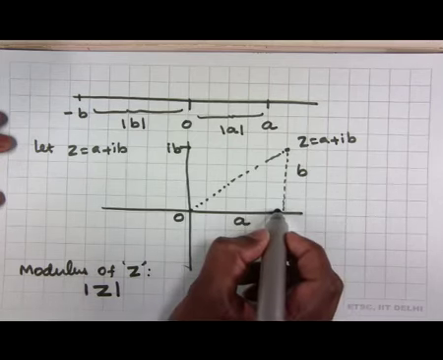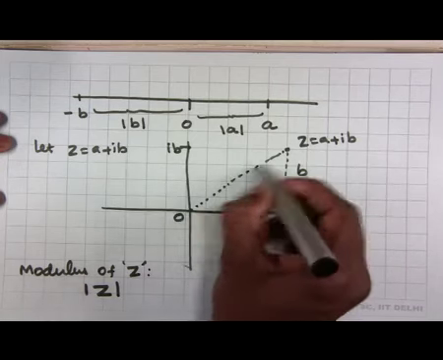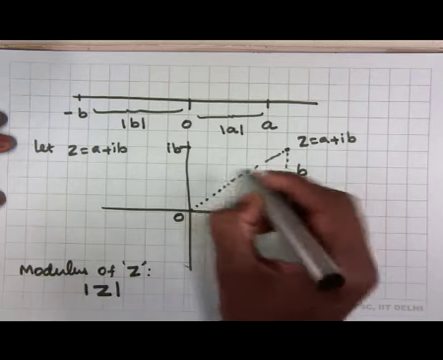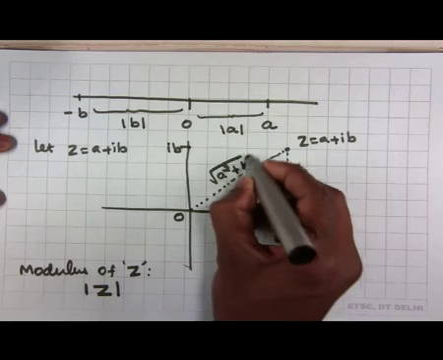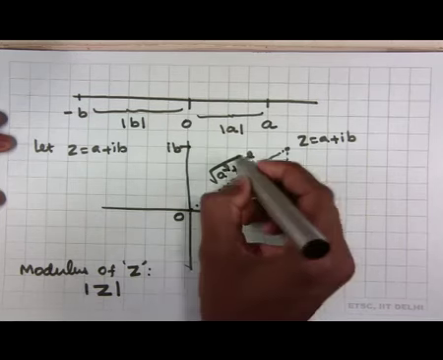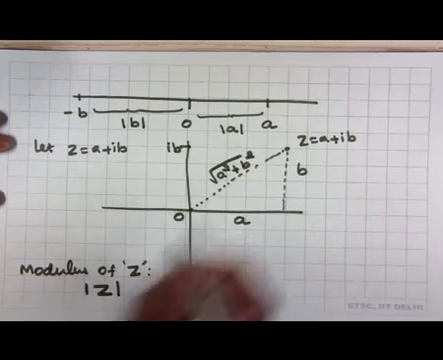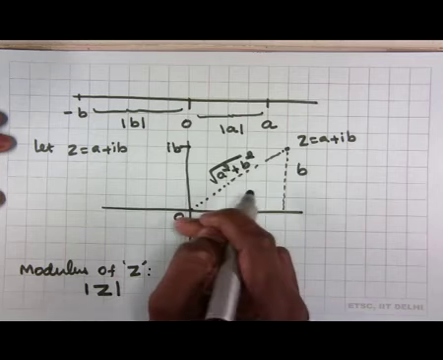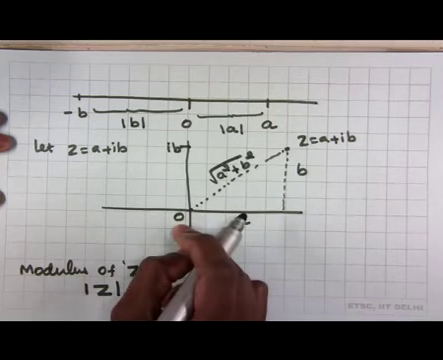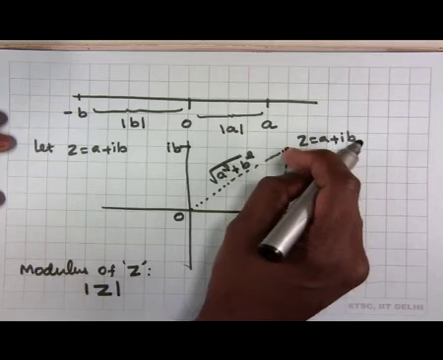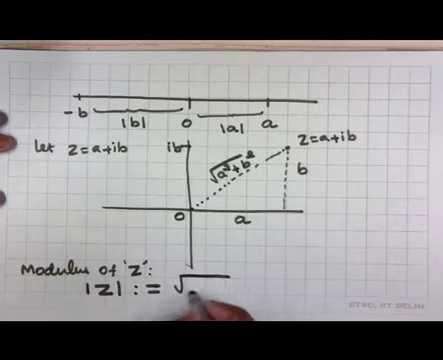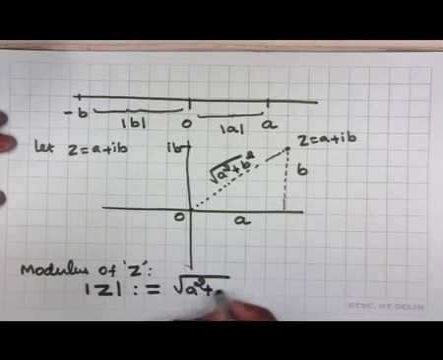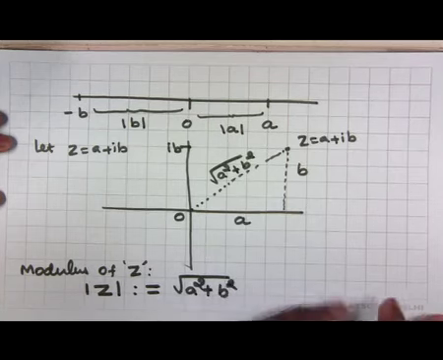By Pythagoras theorem, the distance for this is given by square root of a square plus b square. So it makes sense to define modulus as the distance from the origin to the point. So the modulus is defined as square root of a square plus b square.